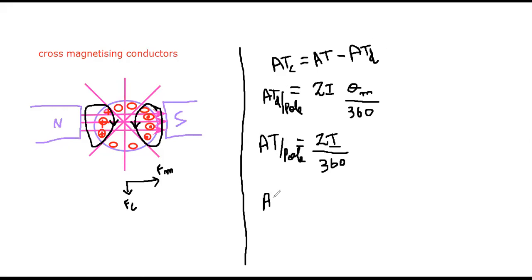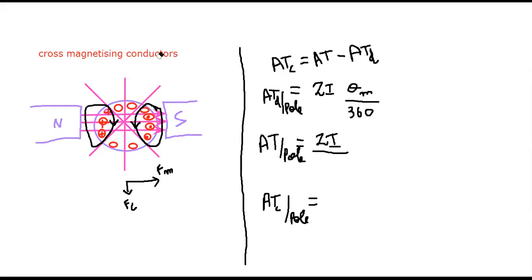So we can obtain ATC, that is, the ampere turns with the effect of cross magnetization per pole, which is equal to, sorry, here it will not be 360, because we are dealing with per pole and not with the rotation angle.